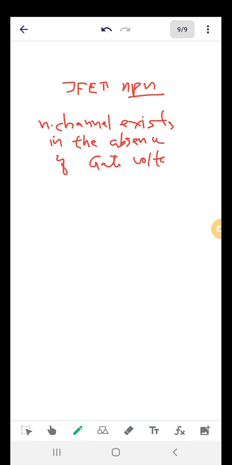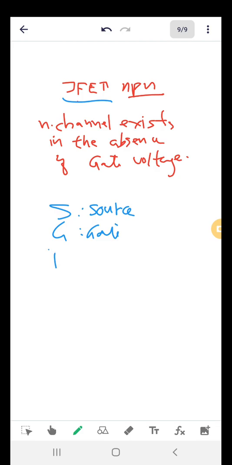So instead of an emitter, base and collector, as in the case of a bipolar transistor, in a junction field effect transistor we have source, gate, and drain. The N channel exists even if there is no gate voltage.